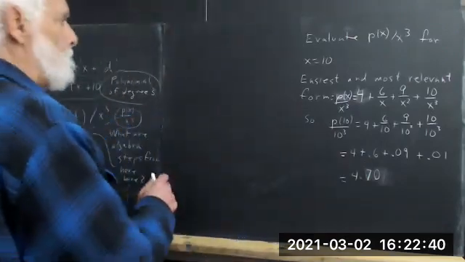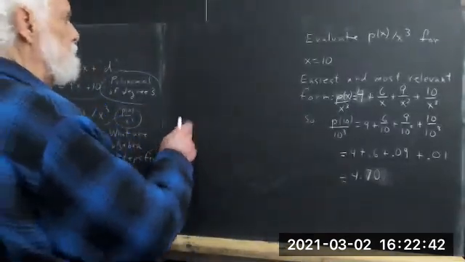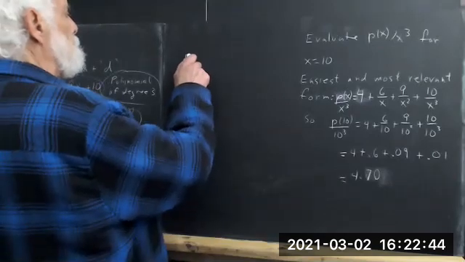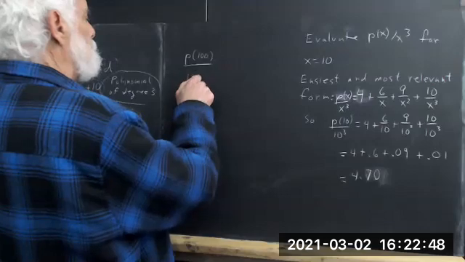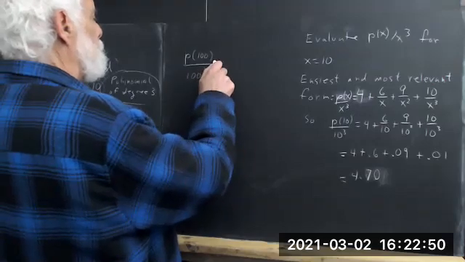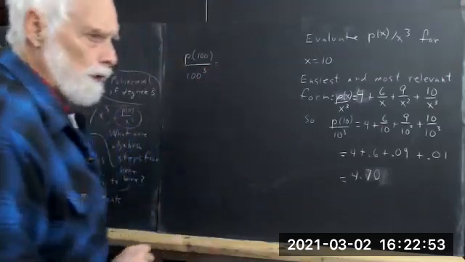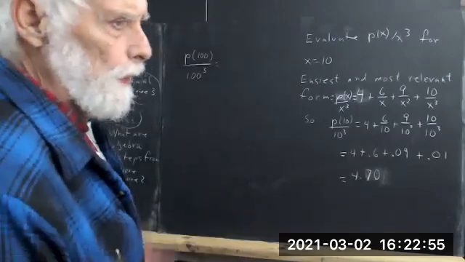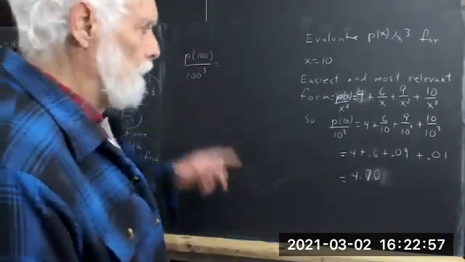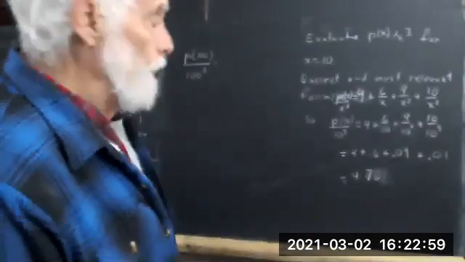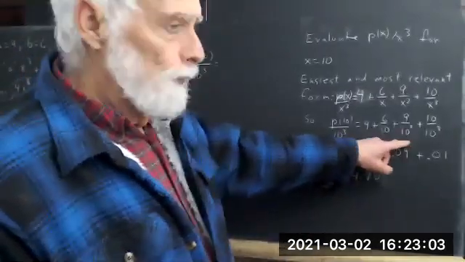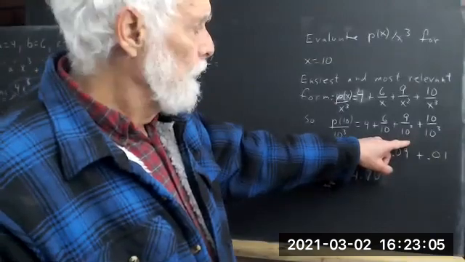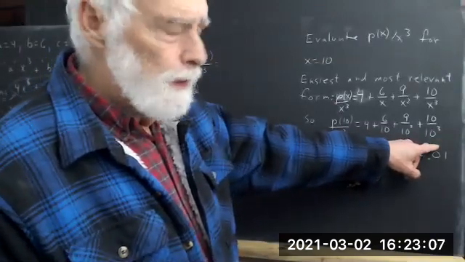Well, if we do P of 100 over 100 cubed, and I'm not going to do this, we do it the same way we did this. We're going to have a denominator of 100 here, 100 squared, which is 10,000 here, and 100 cubed, which is 1,000,000 here.